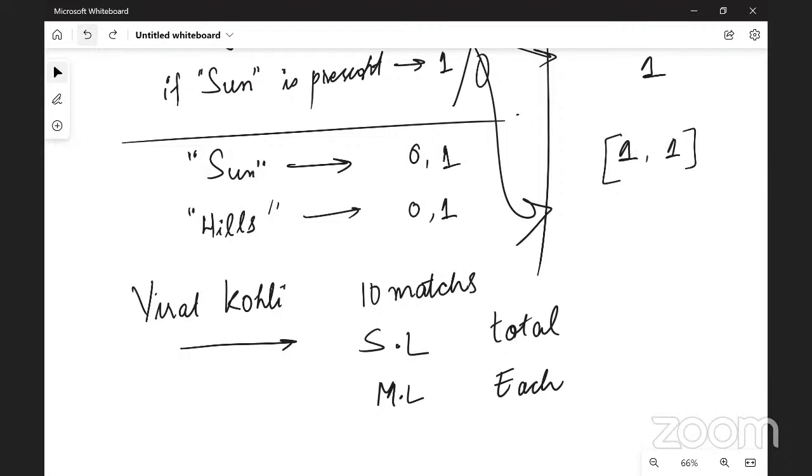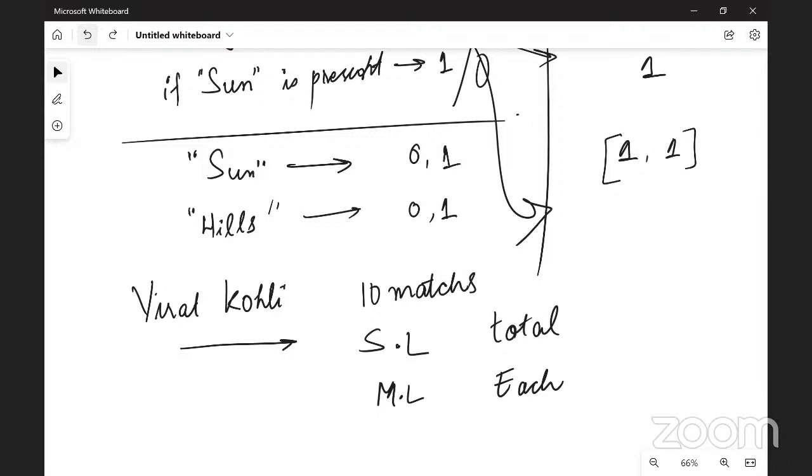Any problem you can cast as regression or classification, that's not an issue, but it would make more sense one way. For example, just like this one, the number of runs Virat Kohli scores in the next 10 matches or next few matches makes more sense to be cast as a regression problem rather than classification.